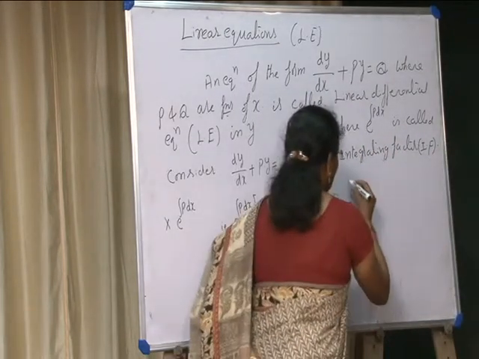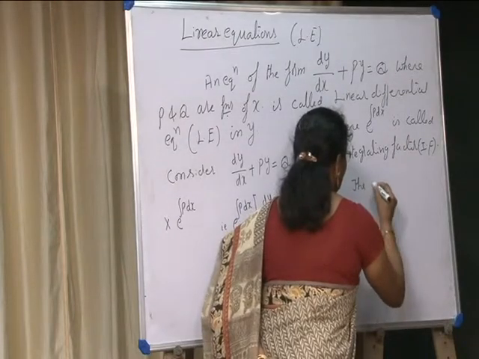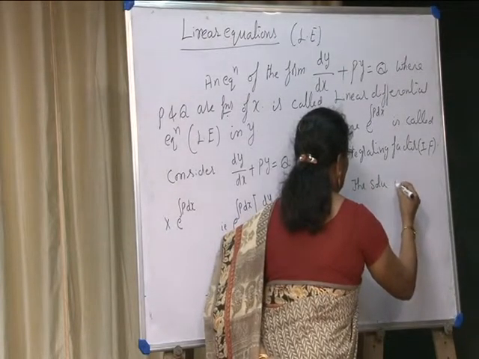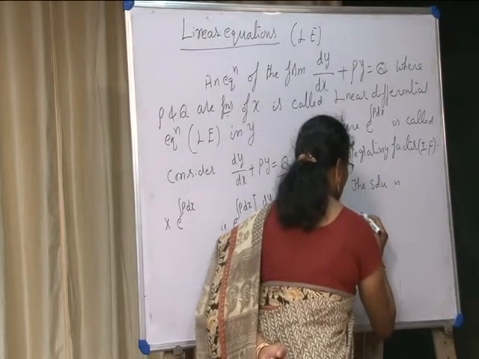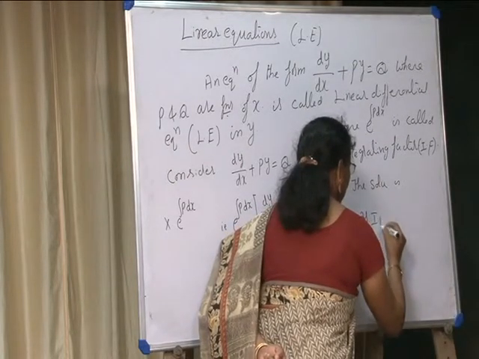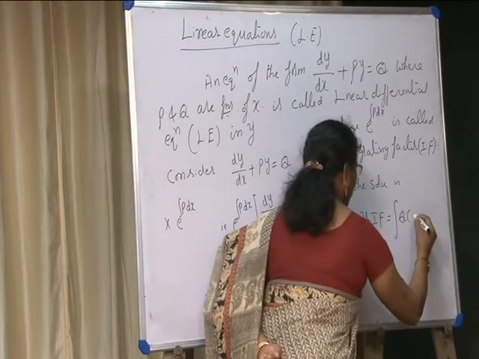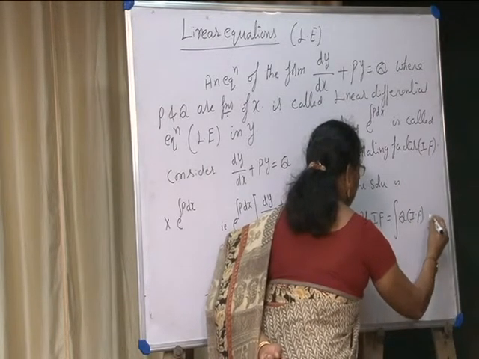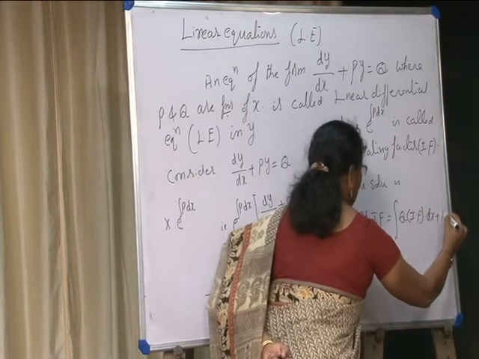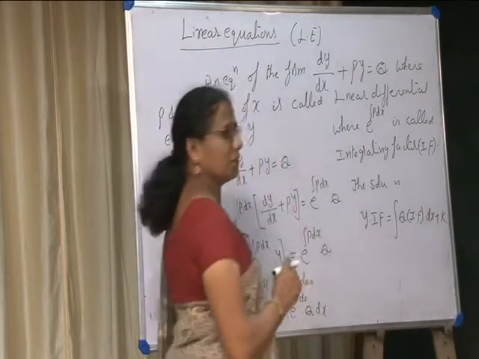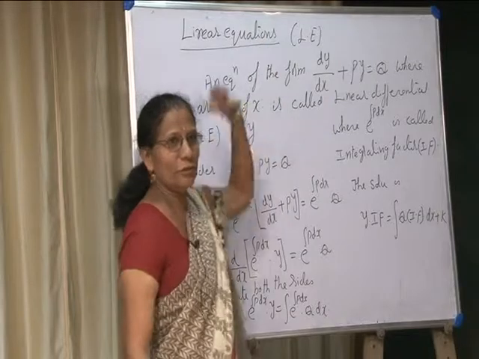The solution of the differential equation is y into integrating factor is equal to the integration of q into integrating factor dx plus k. This is the solution of the linear equation.